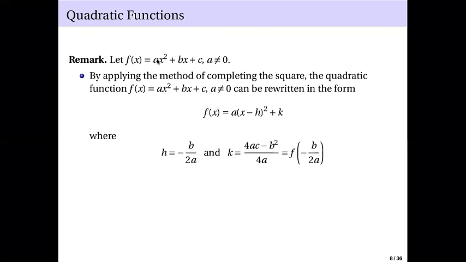Every quadratic function, you can write in this form. So you will be able to determine immediately the vertex, because the ordered pair (h, k) is the vertex of the parabola.